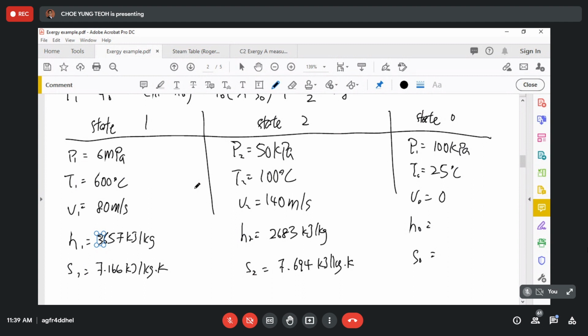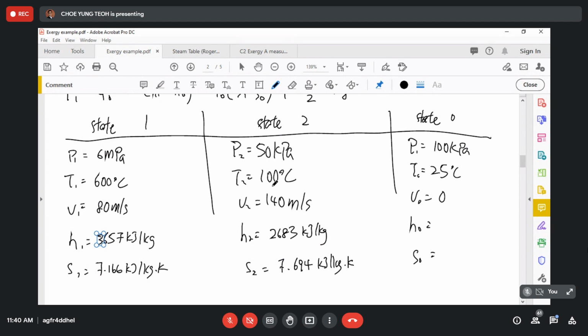So this will cause damage to the turbine because you will experience unbalanced force. Some of it is liquid, some of it is gas. So for the design of the steam turbine, we have to make sure that when the steam goes into the turbine and comes out from the turbine, both must be superheated steam.